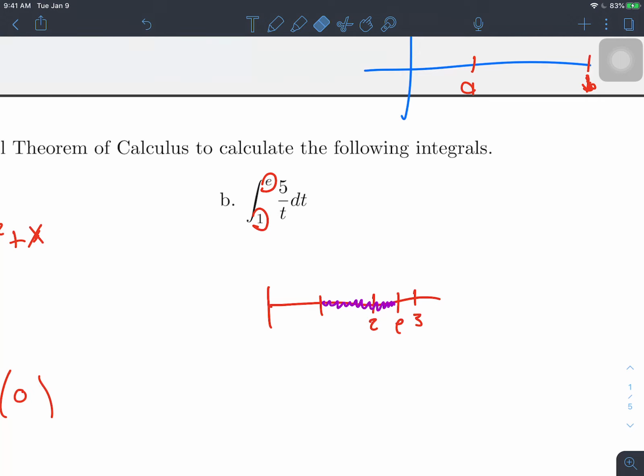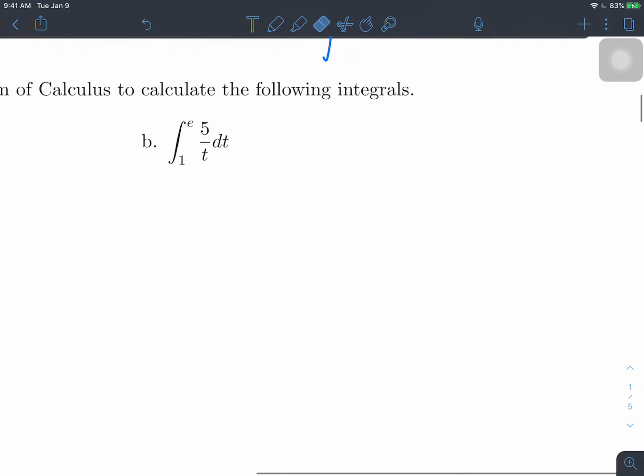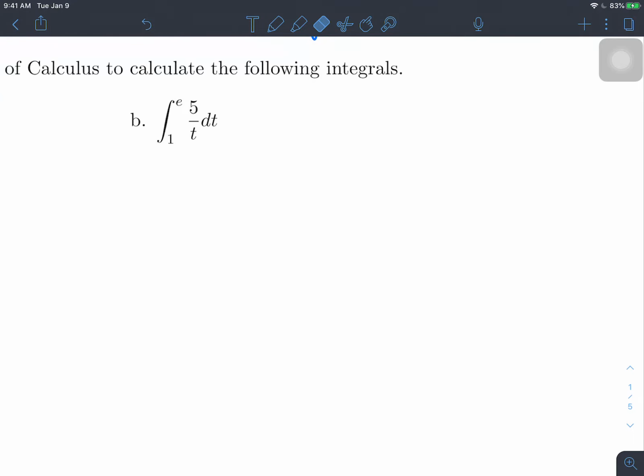So instead, let's use this amazing fact we learned about the fundamental theorem of calculus. What should I do if I want to compute this using the fundamental theorem of calculus? What's the first step? Ashlyn? Yeah, first step, find an antiderivative for the function 5 over t. What should it be? Alice?